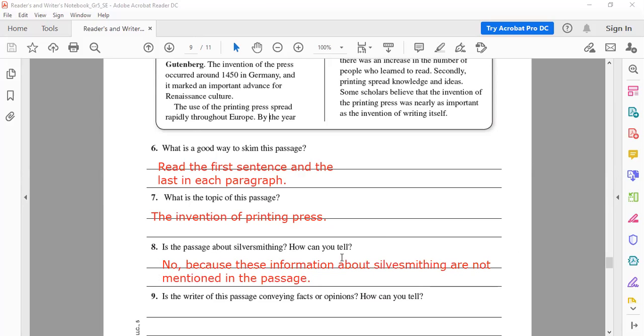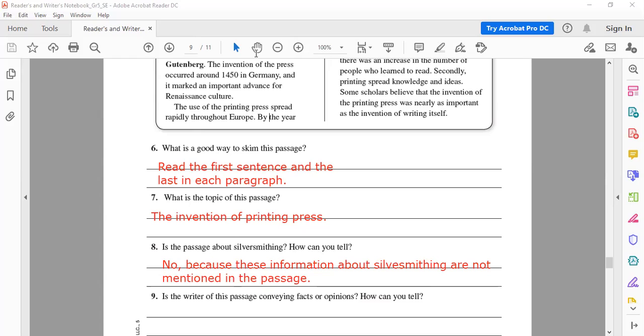Okay, is the writer of this passage conveying facts or opinions? If you read this passage, do you think the writer was telling his opinion, or was it facts about printing? Facts. Excellent. How can you tell? Because he said the use of printing is like this. Because he did not bring his opinion, he brought real information, right? So when you bring real information about something, these are facts.